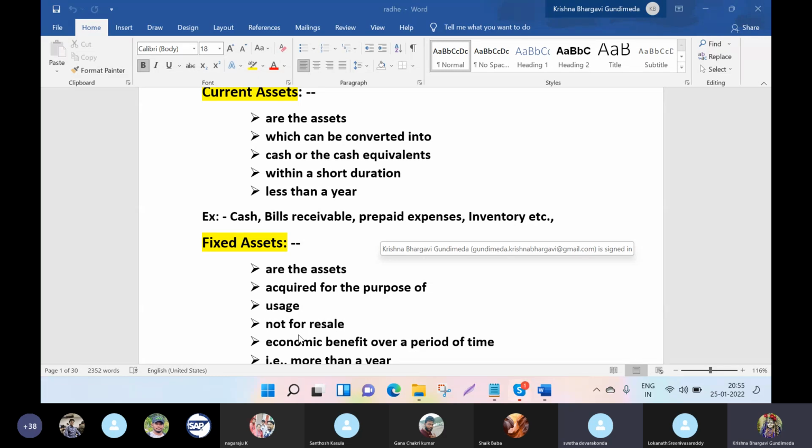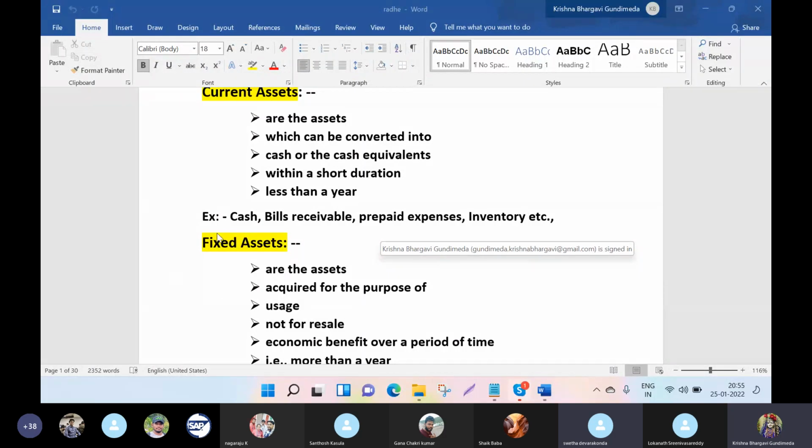From an asset accounting point of view, we consider only the fixed assets, the tangible assets. So what is meant by tangible assets and what is meant by intangible assets? Assets can be categorized again into tangible assets and intangible assets.